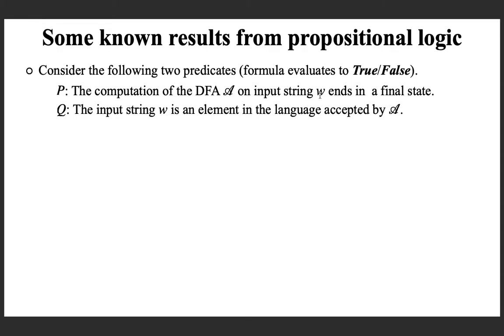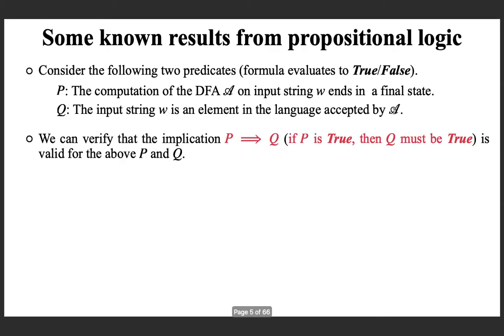It is a statement which can be either true or false, so that is a predicate. And Q is another predicate. What is it saying? The input string w is an element of the language accepted by the DFA A. This statement can be either true or false. So both are predicates.